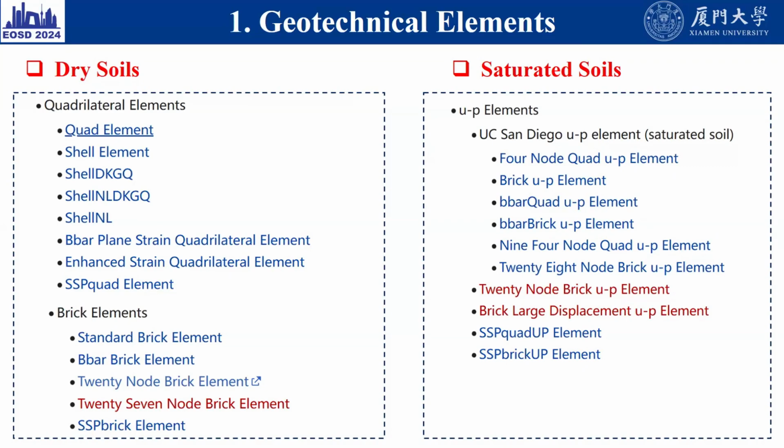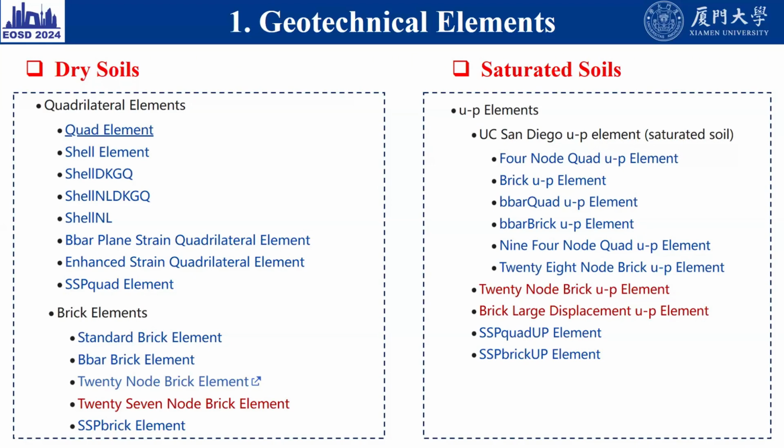For saturated soil, we have UP elements developed by Professor Ahmed Elgamal's group at UCSD. It includes the 4-node quadUP and brickUP. U here represents the displacement degrees of freedom, and P represents the pore pressure degree of freedom.